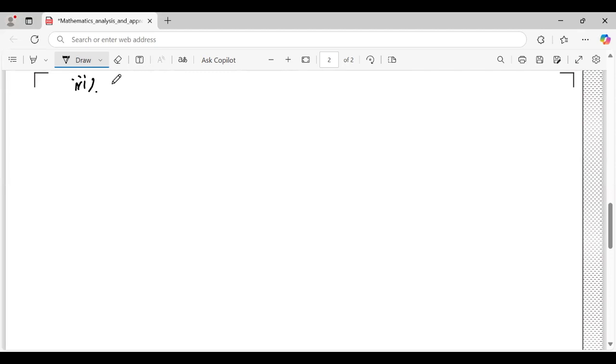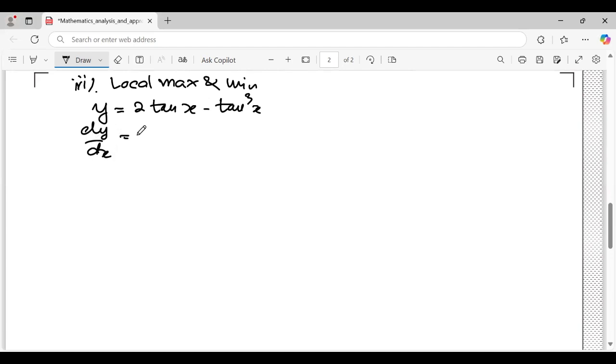And next, the local maximum and minimum. To find the local maximum and local minimum, we need to find the derivative of this function, 2 tangent x minus tangent cubed x. So dy/dx equals 2 secant squared x minus 3 tangent squared x secant squared x.